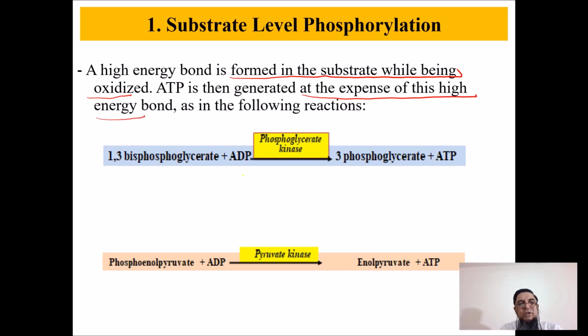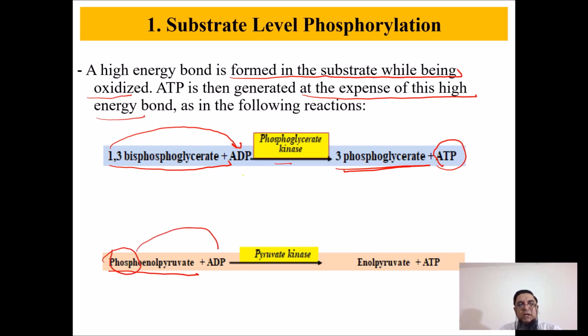Say for example 1,3-bisphosphoglycerate. The 1-phosphate will attach to ADP with the help of the enzyme phosphoglycerate kinase, and 1 ATP molecule is synthesized with the product 3-phosphoglycerate. Similarly, the phosphate of phosphoenolpyruvate will attach to ADP to form enolpyruvate with the ATP, with the help of the enzyme pyruvate kinase.